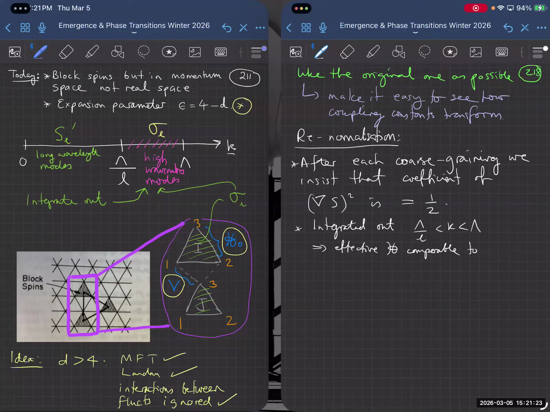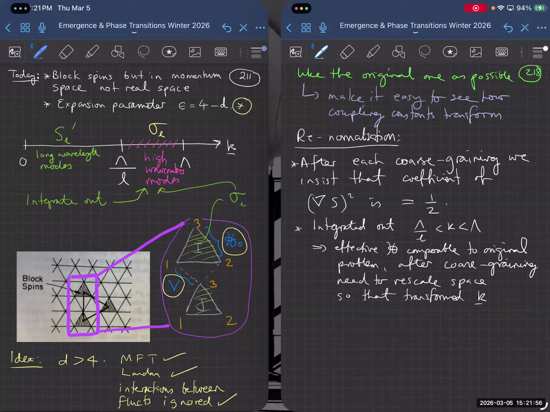after the coarse graining, we need to rescale space so that the transformed k vector is now going to be between naught and lambda, K prime.